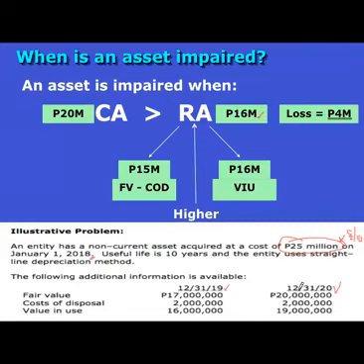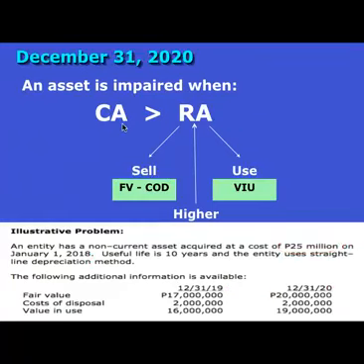So as of December 31, 2020, 16 million minus the 2 million depreciation. The carrying amount at December 31, 2020 is 14 million.